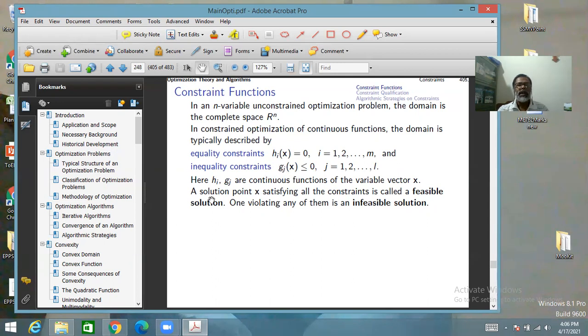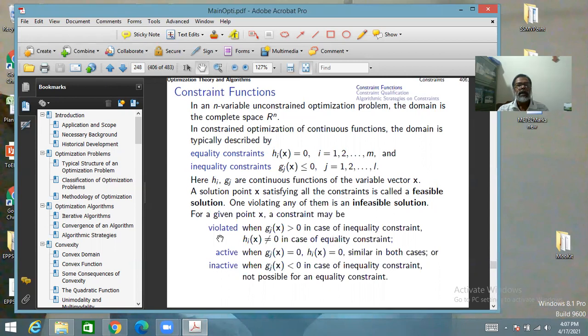So a solution point x satisfying all these constraints is called a feasible solution, and another which violates at least one of them is called an infeasible solution. Still it is called a solution, because the entire space is called the solution space. So for a given point x, a constraint may be violated or satisfied.